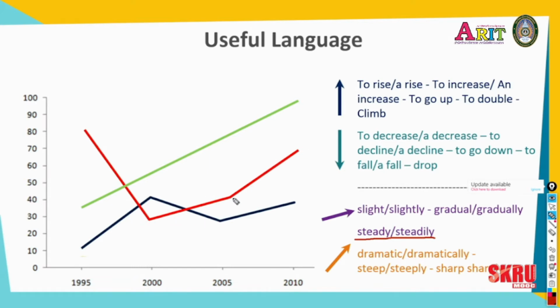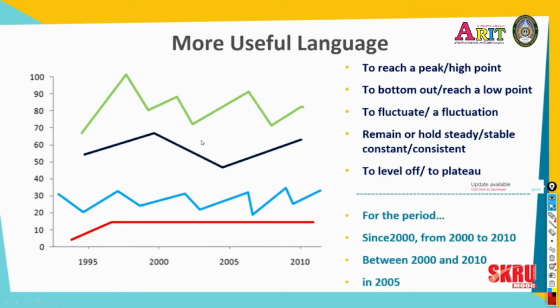Between 2000 and 2005 it rises slowly before rising faster between 2005 and 2010. So we can use the terms to describe each part of the data and mix them up. When you're speaking or when you're writing about the information on graphs, use a variety of language to keep it interesting. Some other terms you might use.